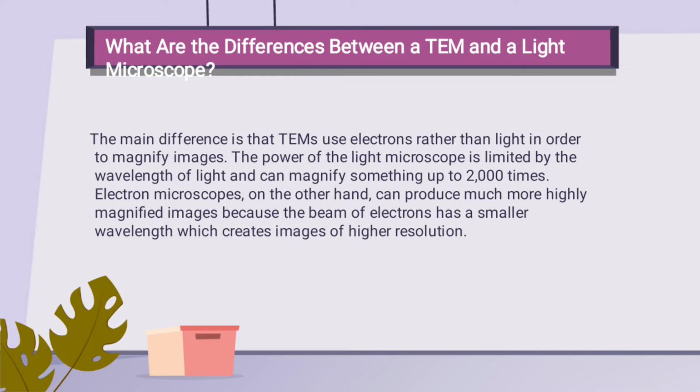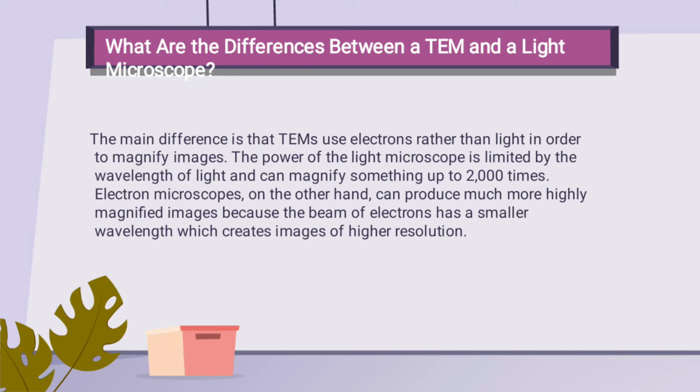Although transmission electron microscopes and light microscopes operate on the same basic principles, there are several differences between the two. The main difference is that transmission electron microscopes use electrons rather than light in order to magnify images.